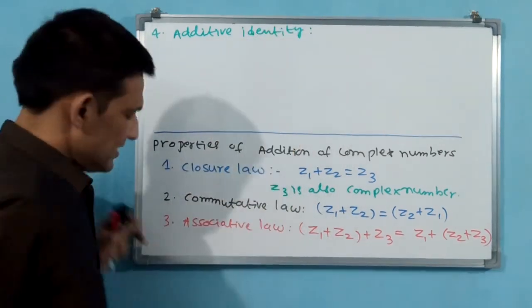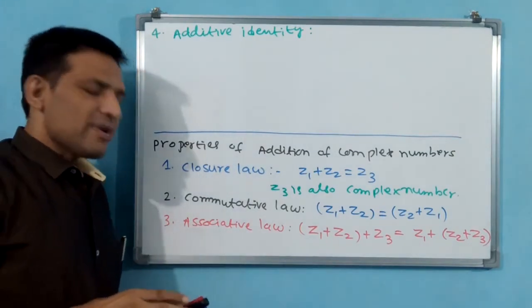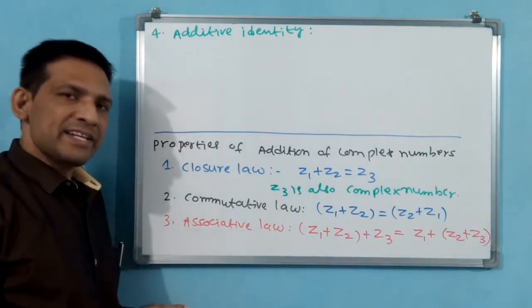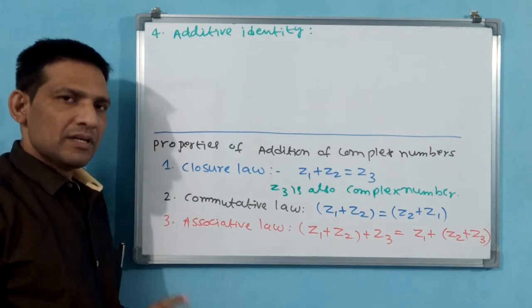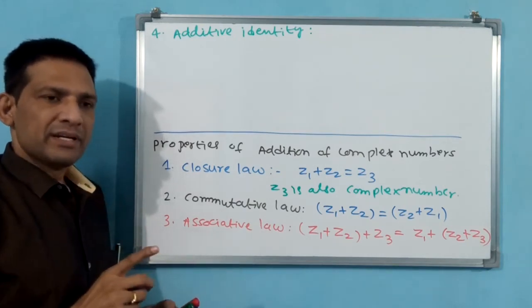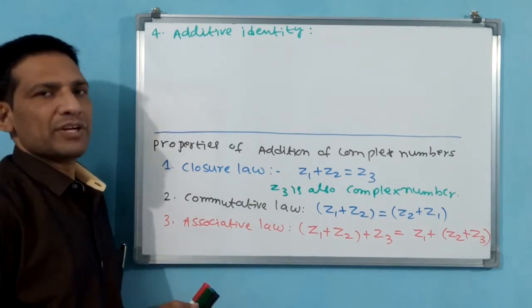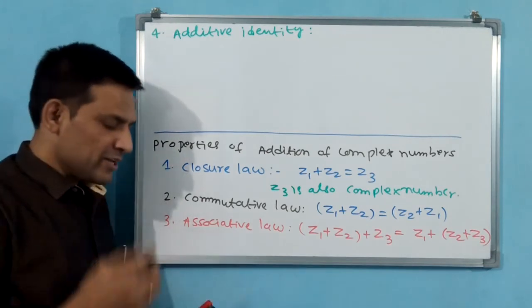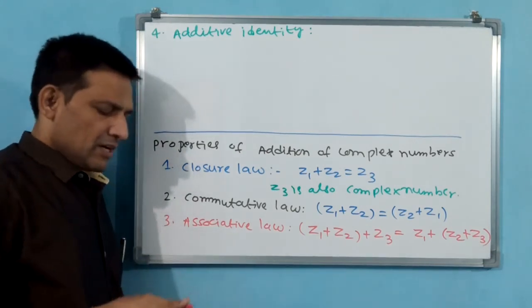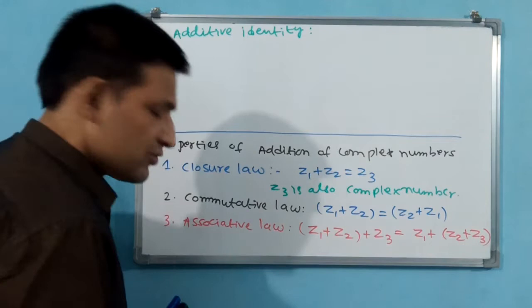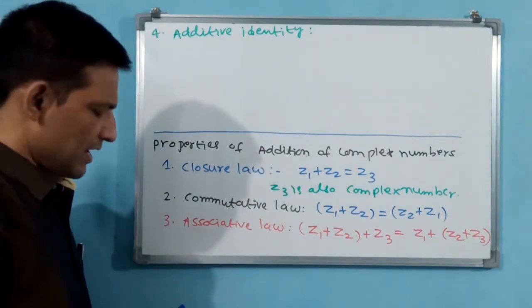Additive identity means if you add any complex number with one special number, the same complex number has to come as the result. That is called additive identity. What is that number? That number is 0, but let us show how it is happening.